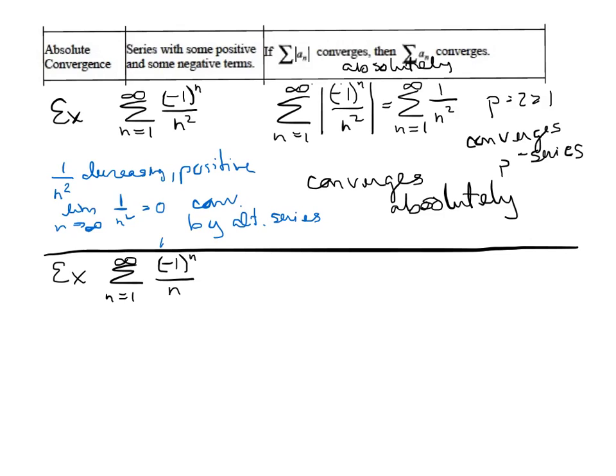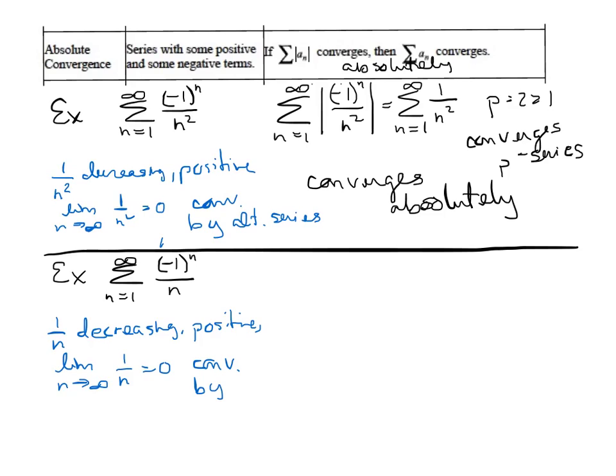Now, this is one where we could do the same thing with alternating series because 1 over n is decreasing, it's positive, and the limit as n goes to infinity of 1 over n is equal to 0. So this one converges by alternating series.